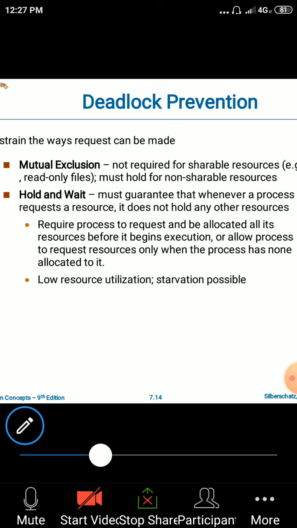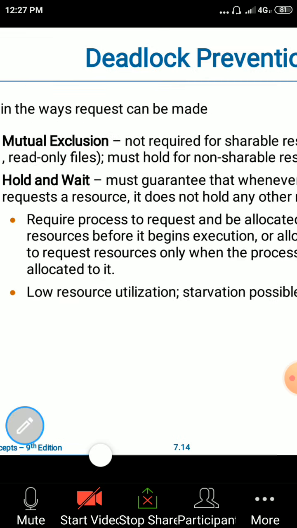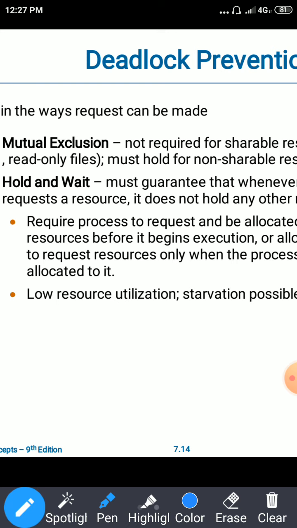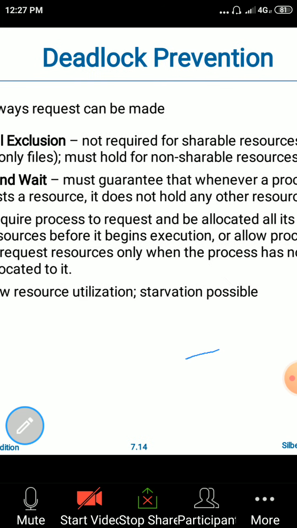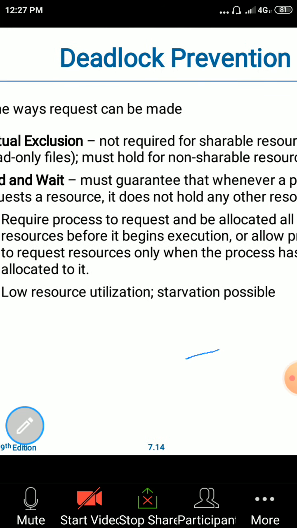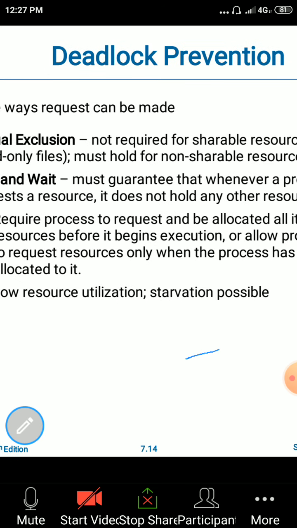The first one is this: it requires processes to request and be allocated the resources before it begins its execution. Once the resources are allotted, the process can execute.